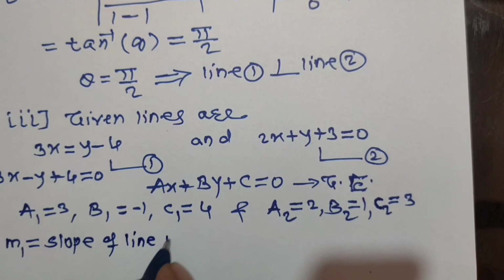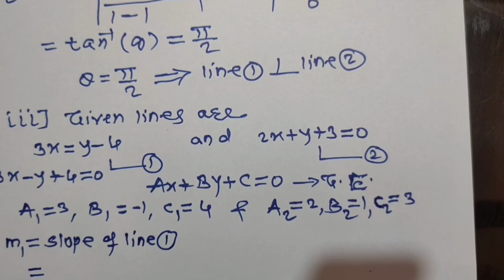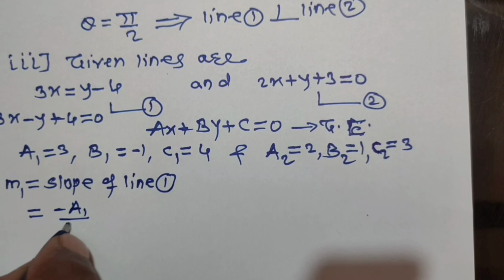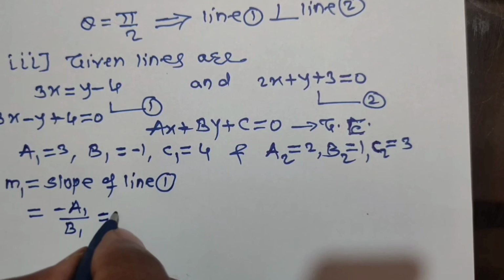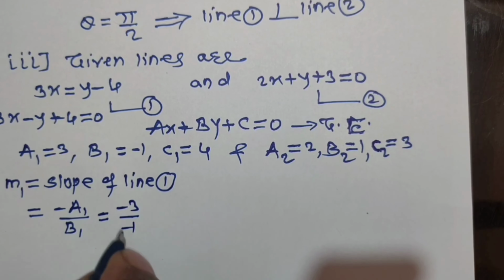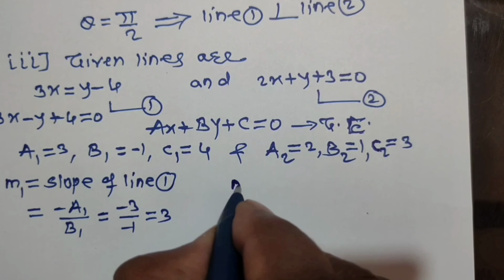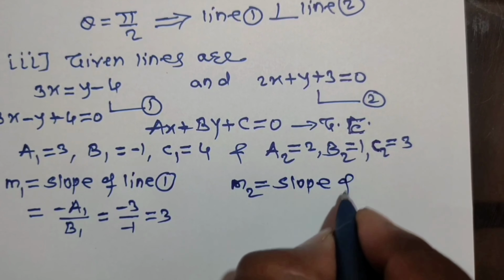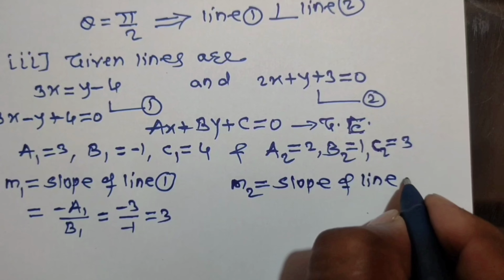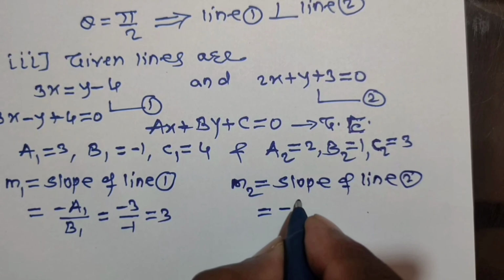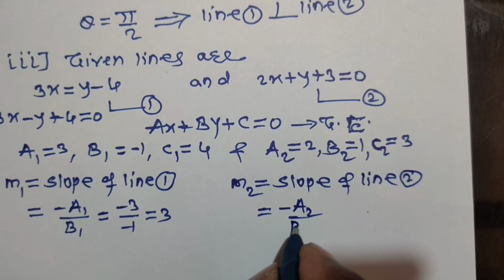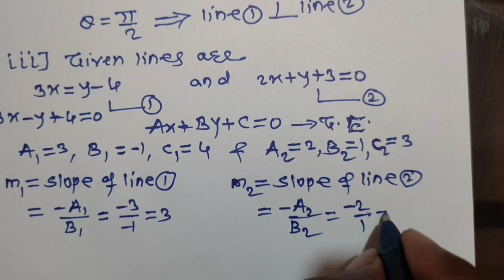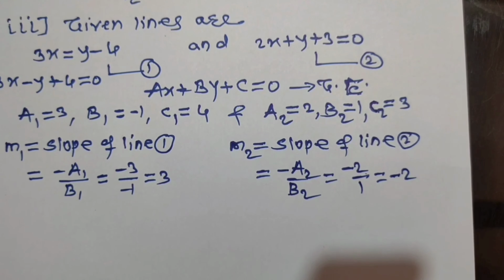Hence, slope of line 1, which is given by m1, is equal to minus a1 upon b1, but you know a1 is 3 and b1 is minus 1, hence minus 3 upon minus 1, this is equal to 3, and m2 is equal to slope of line 2, which is given by minus a2 divided by b2, but you know a2 is 2 and b2 is 1, hence this is equal to minus 2 upon 1, which is equal to minus 2.